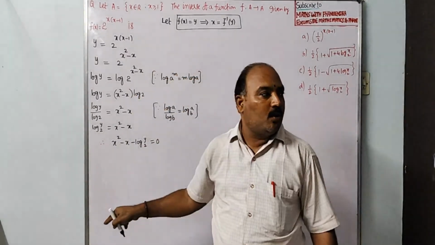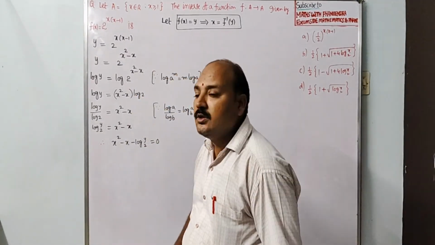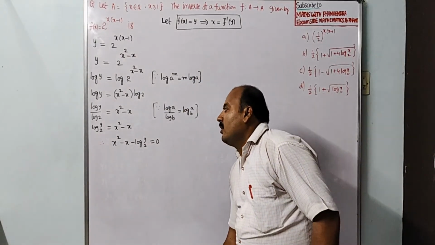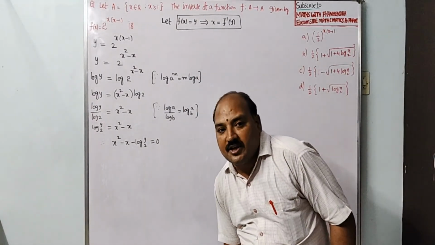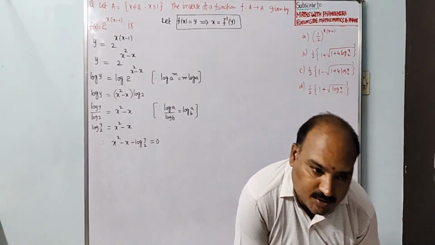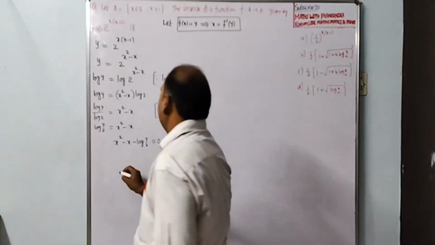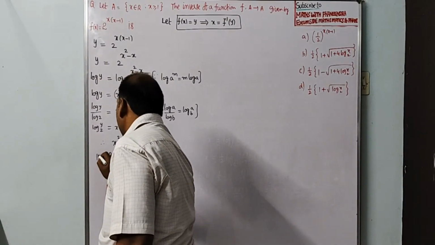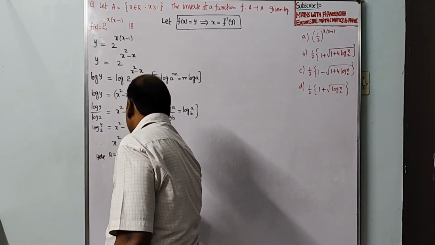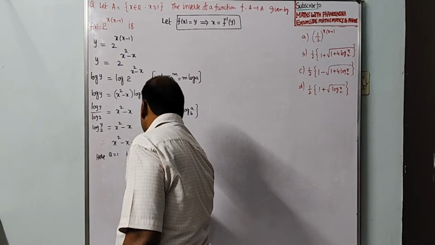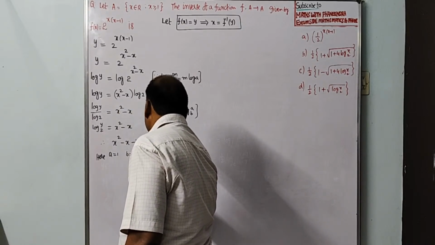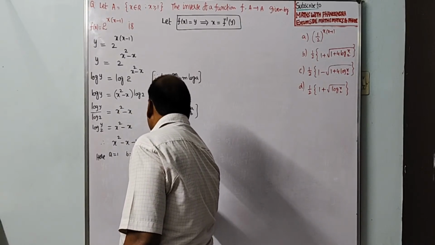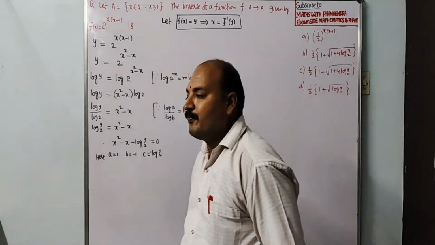It is a quadratic equation. It has roots minus b plus or minus, we are going to do that, dear students. So here compare with a x square plus bx plus c. Here a equal to 1, b equal to minus 1, c equal to minus log y to the base 2.